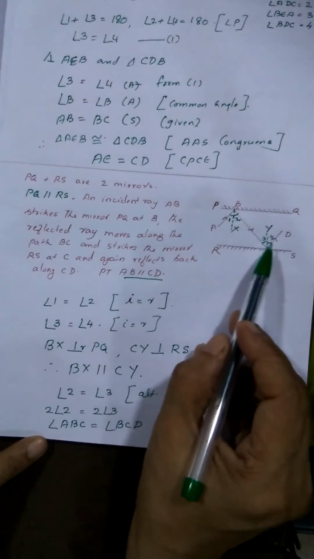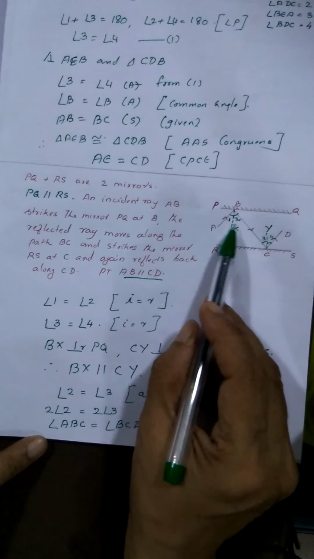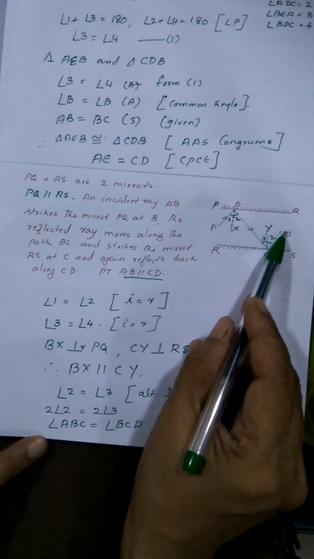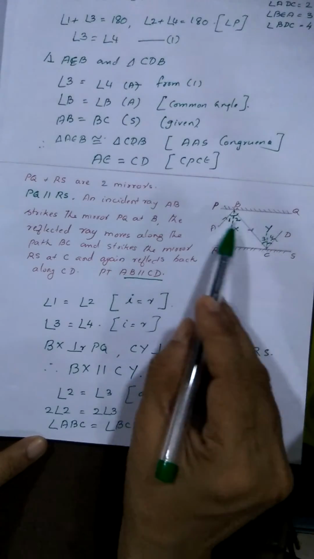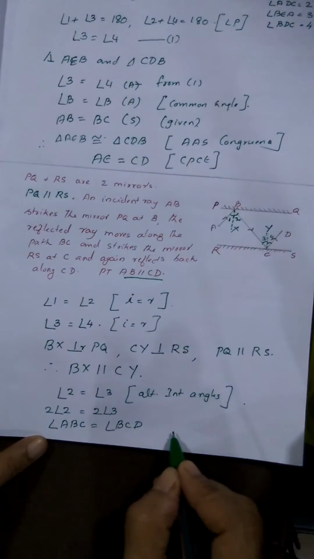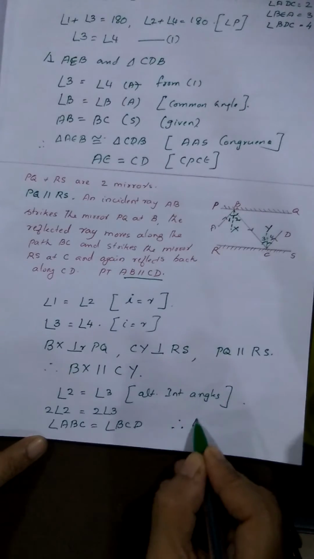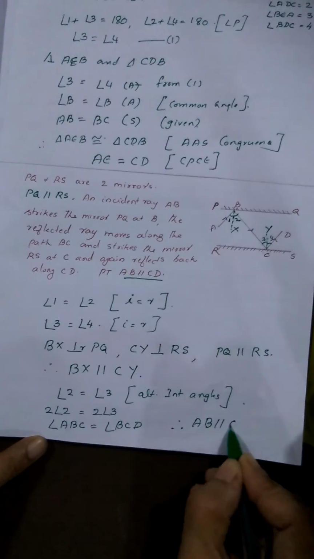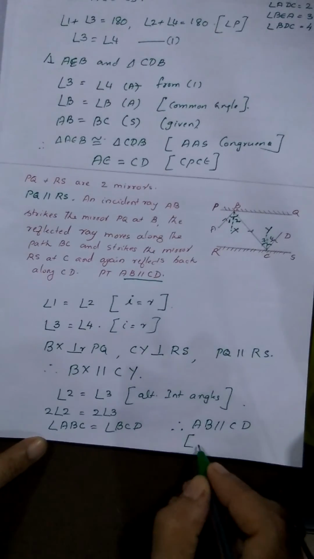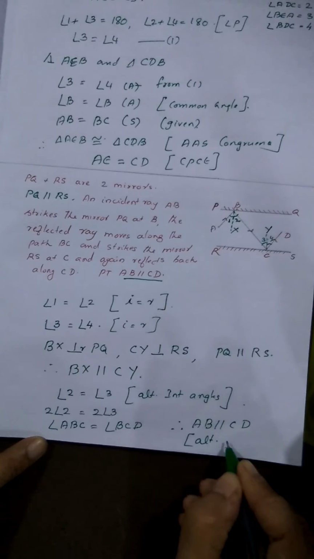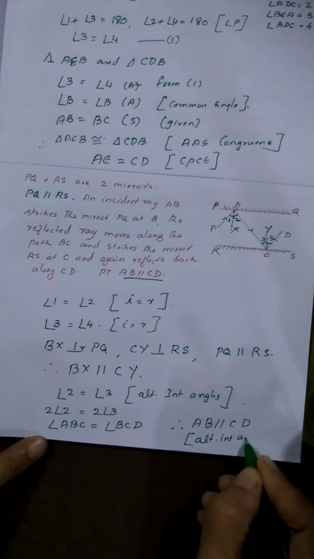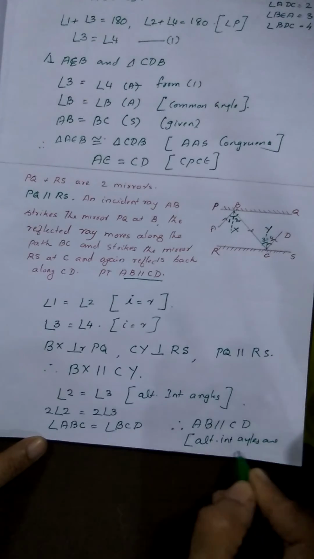Now these two are equal. Therefore AB will be parallel to CD because the alternate angles are equal. Therefore AB is parallel to CD, the reason is alternate interior angles are equal.